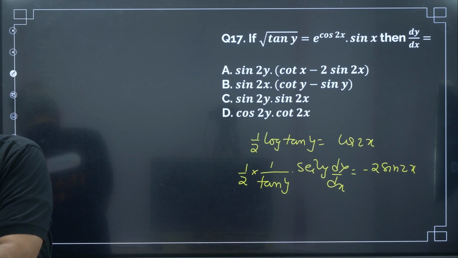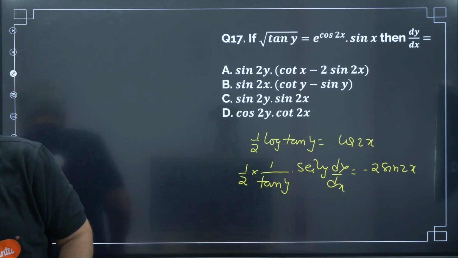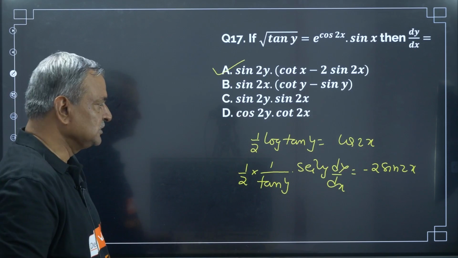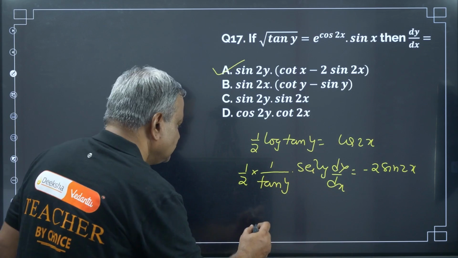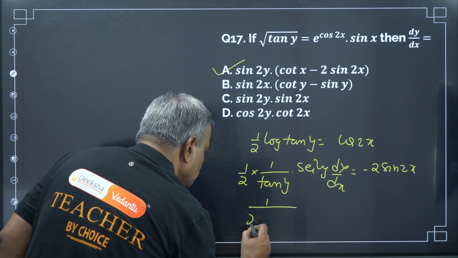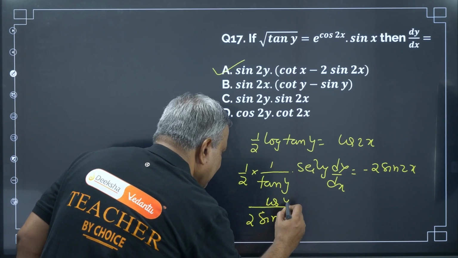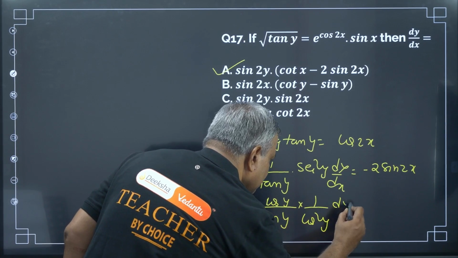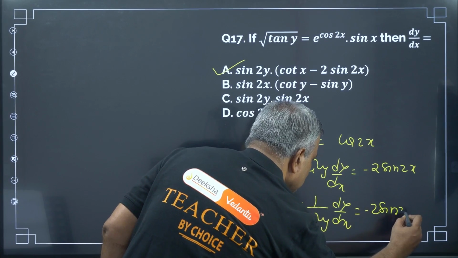So simplifying is only what we have to do. By simplifying, you'll get option A. Why? Because secant square y is 1 by cos square y. 1/2, 1 by sin y by cos y, into 1 by cos square y, dy by dx is equal to minus 2 sin 2x.